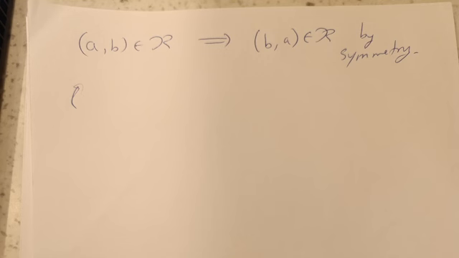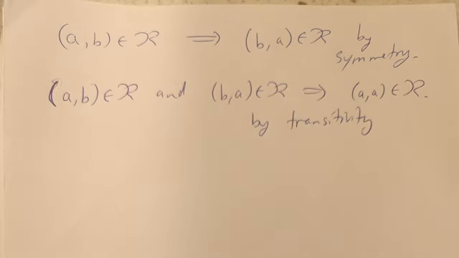But then (a, b) in R and (b, a) in R implies that (a, a) is in R by transitivity. And so it feels like symmetric and transitive implies reflexive, but it doesn't. And here's the reason.